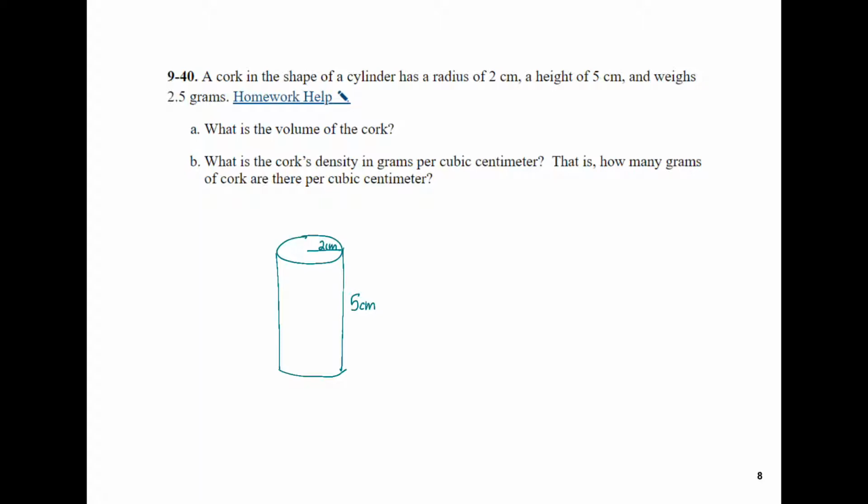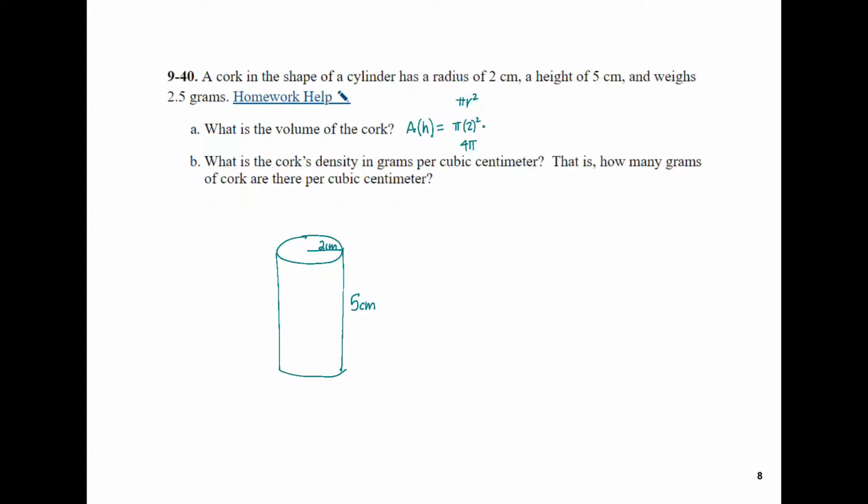So if we find the area of our base times our height, pi r squared is the area of our circle. So pi times 2 squared gives us 4 pi.